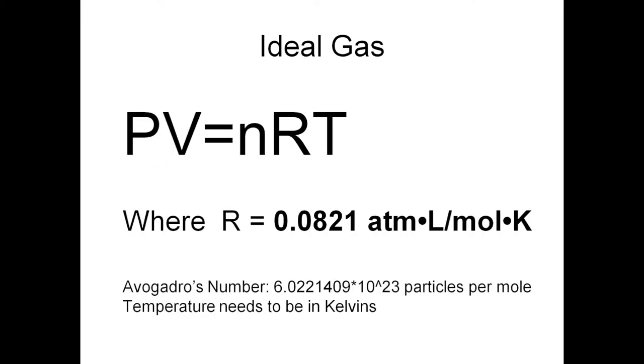The formula in question is the ideal gas law formula, PV equals nRT. I've had some teachers refer to it as PVNRT, which is a pretty good, silly way of remembering it. The purpose of this formula is to show the relationship between all of the different aspects that can affect the volume of a gas.